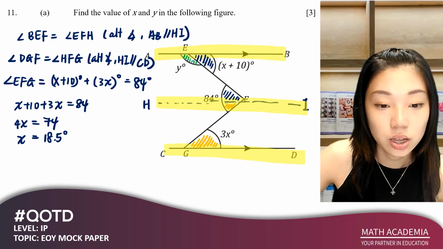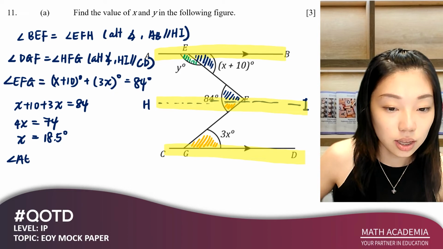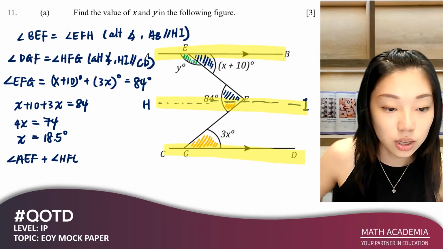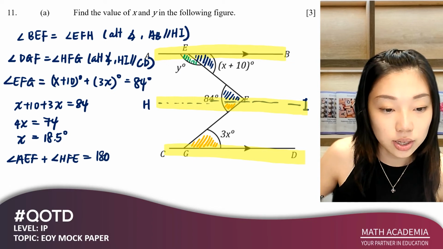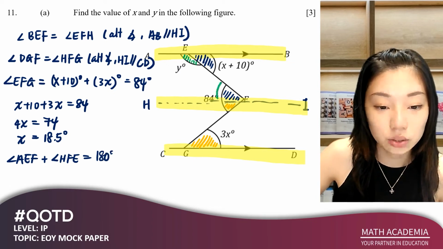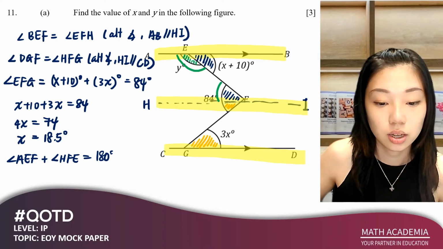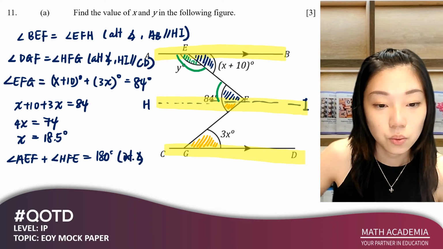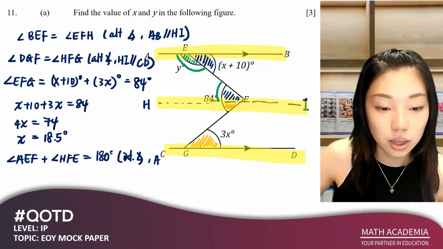If I know that x equals 18.5, what else can I make use of in terms of y? Do you agree that angle AEF plus angle HFE equals 180 degrees? So the green angles would add up to 180 degrees. Why is this so? Because they are interior angles where AB is parallel to HI.